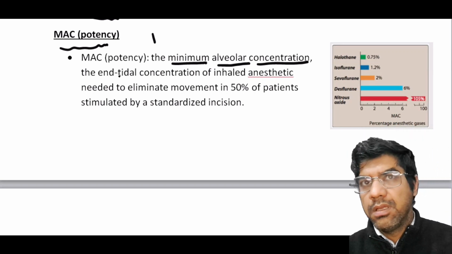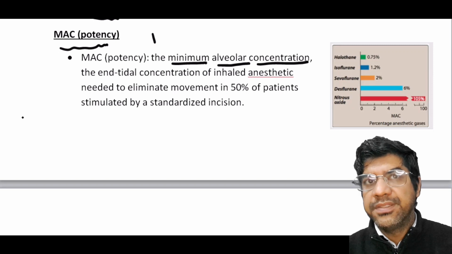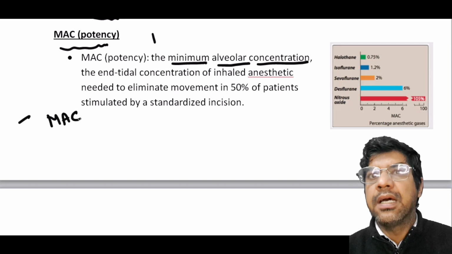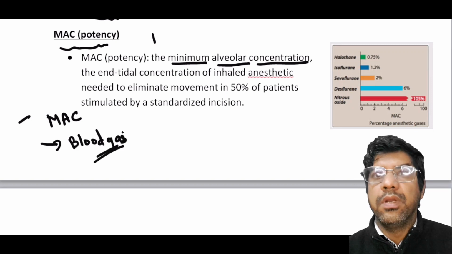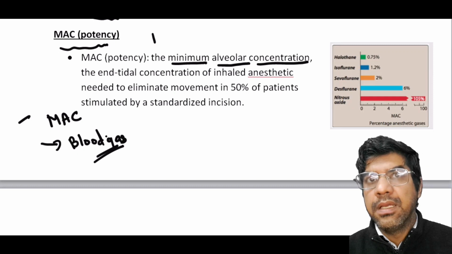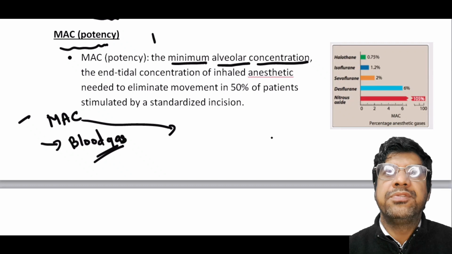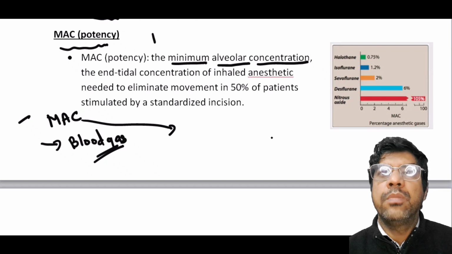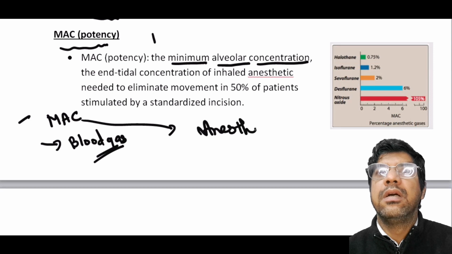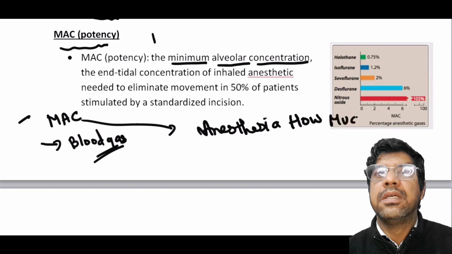So remember that there are two terms: one is MAC and the other is the blood gas coefficient. The MAC, minimum alveolar concentration, helps us know how much anesthesia is needed.